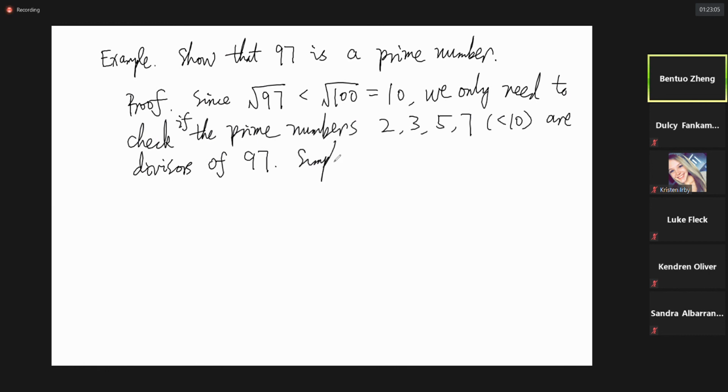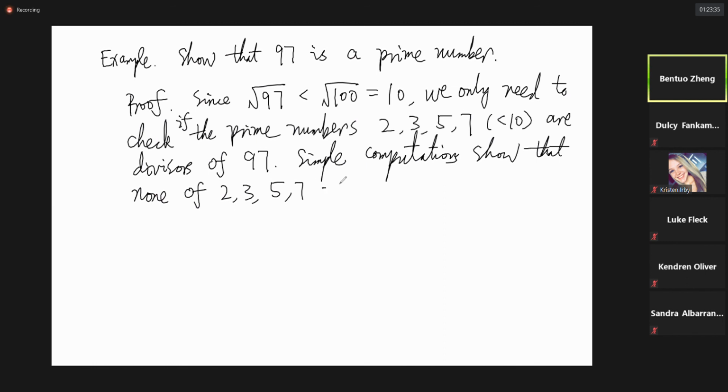Simple computations show that none of 2, 3, 5, 7 is a divisor of 97.